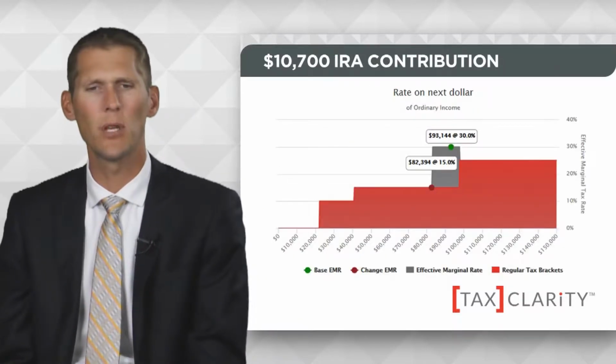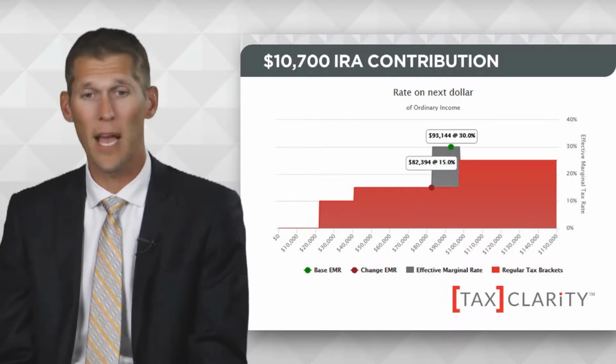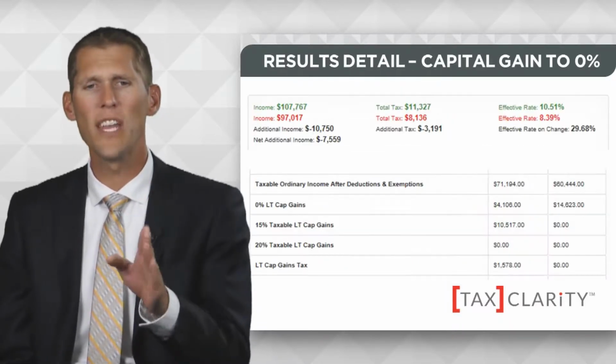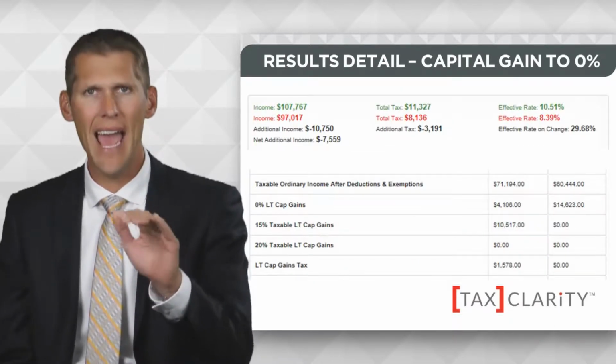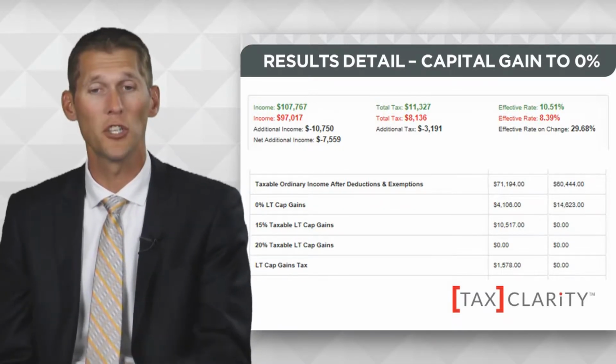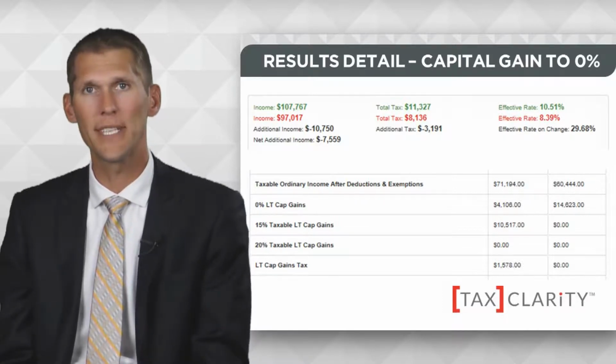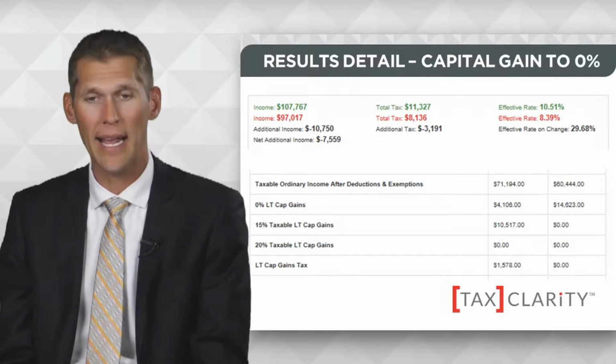So here's what it ended up looking like. We ended up contributing over $10,000 to an IRA for the client. And what we notice is the tax goes down by 30%. That's the effective marginal rate change. So if you look over here, how much falls into the 0% long-term capital gains bracket?